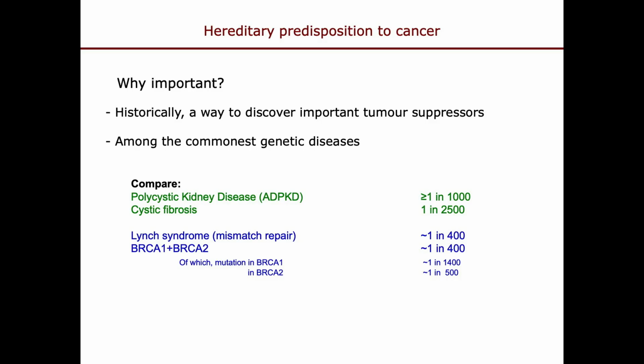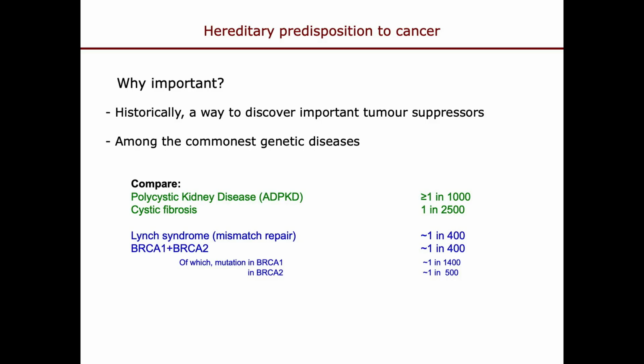Polycystic kidney disease, or strictly autosomal dominant polycystic kidney disease, is probably the commonest known genetic disease that's potentially lethal, and that comes in at least 1 in 1,000 births. Cystic fibrosis is not far behind, with about 1 in 2,500 births in the UK.